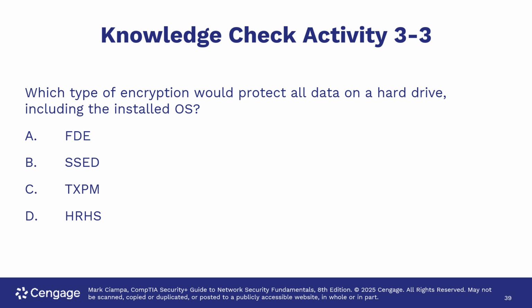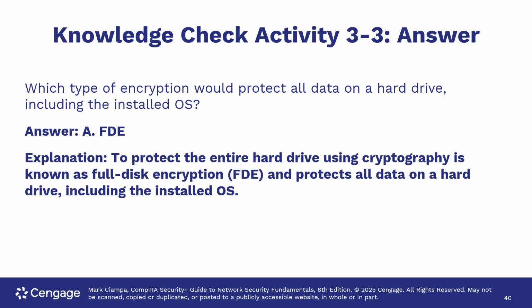If you remember, they're starting to use initials instead of these long words. But your full disk encryption, your FDE, is going to be the one that you want to look at. To protect the entire hard drive using cryptography, it's known as full disk encryption, and it protects all data on a hard drive, including the installed OS.